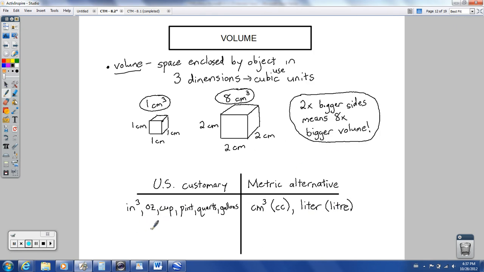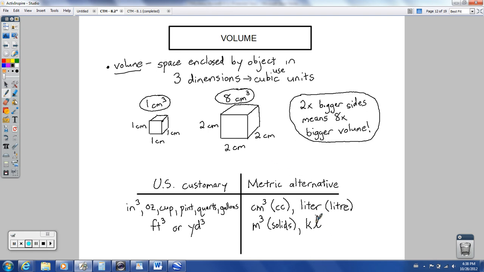And instead of feet cubed or yards cubed, in the metric system you might see meters cubed. This is more with solid materials, so I'm going to put solids next to that. And you might see kiloliters. Kiloliters is a measurement that's already in volume.